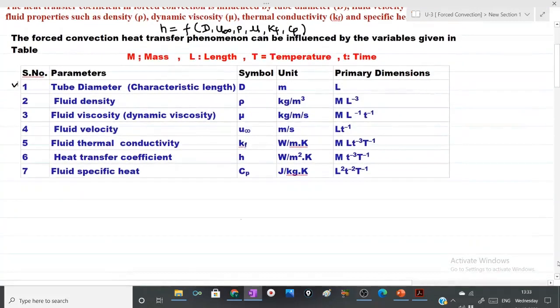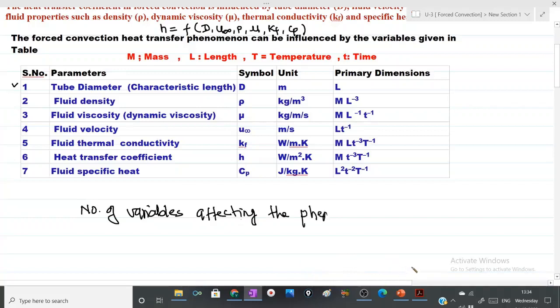Now here, in this case, the number of variables affecting the phenomena, that is forced convection heat transfer phenomena, are represented by small n. They are total 7 in number.